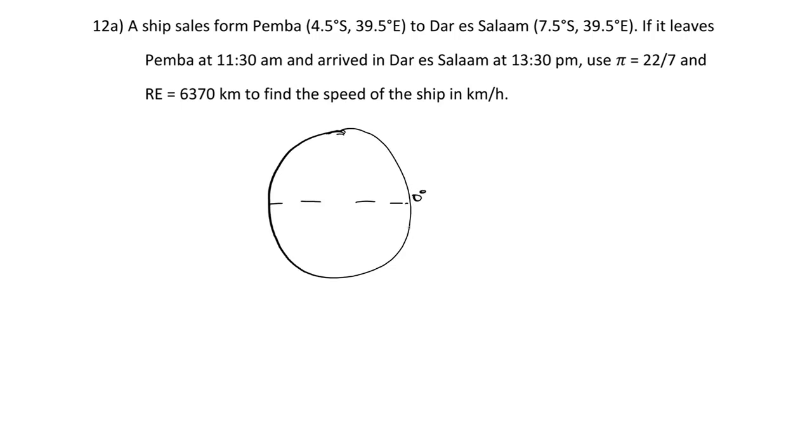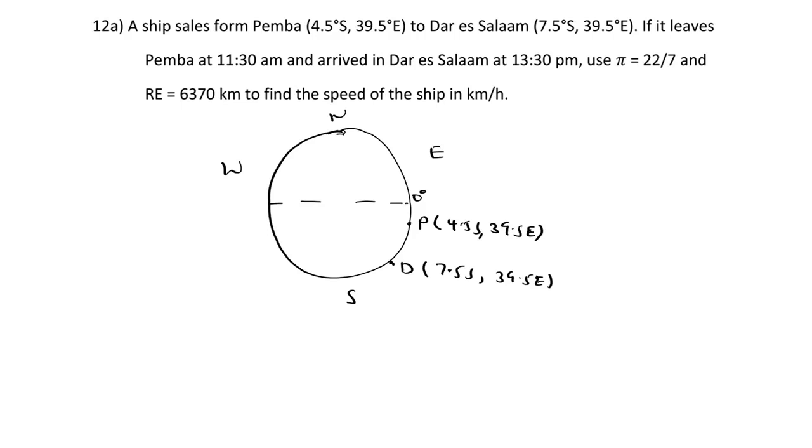And at this point, here is Pemba with 4.5 south, 39.5 east. And here is Dar es Salaam with 7.5 south and 39.5 east. So here is north, here is south, here is east, and here is west.